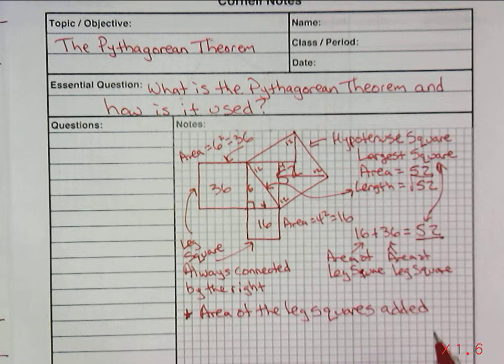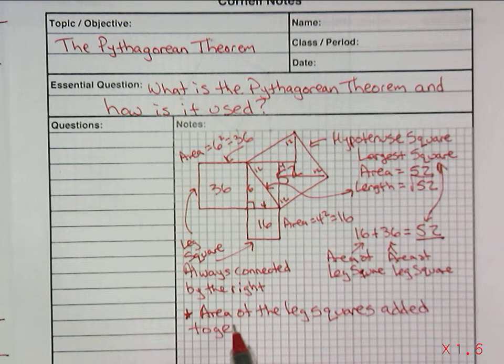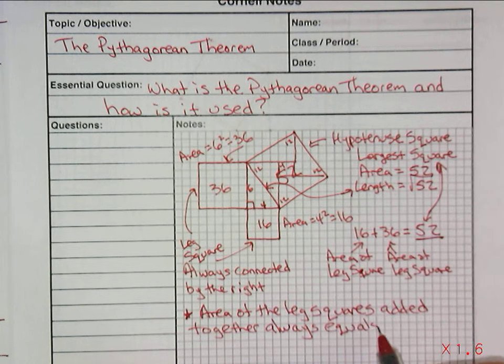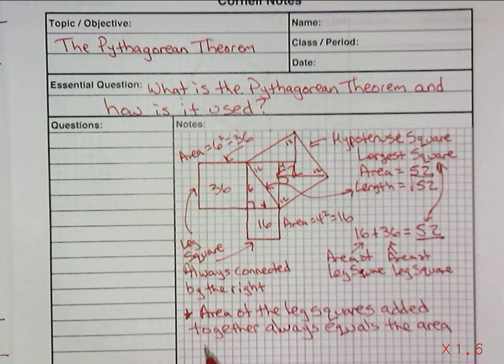So the area of the leg squares added together always equals the area of the hypotenuse square.